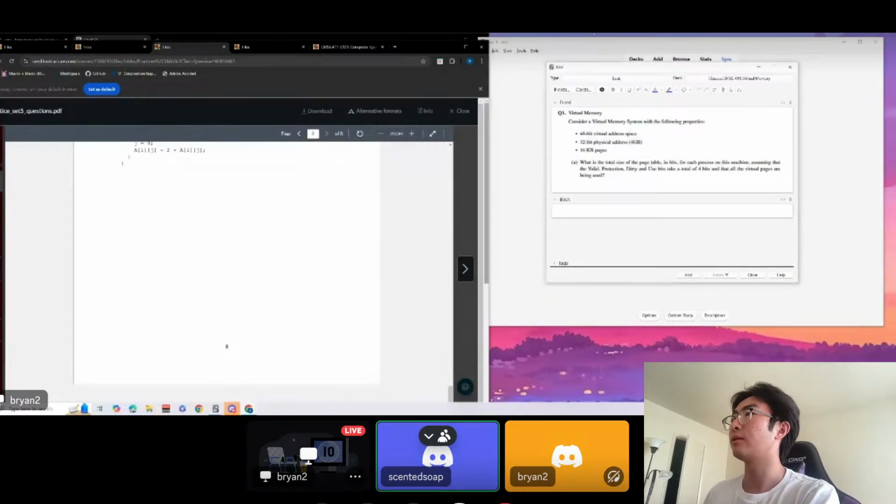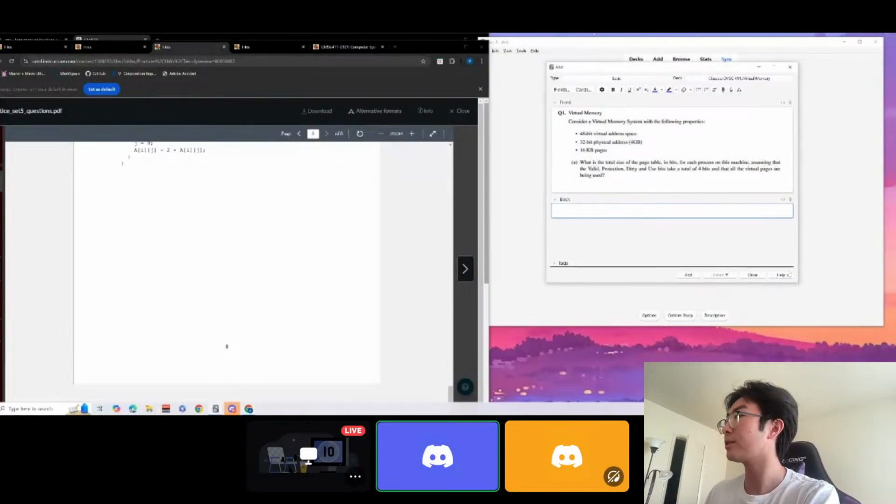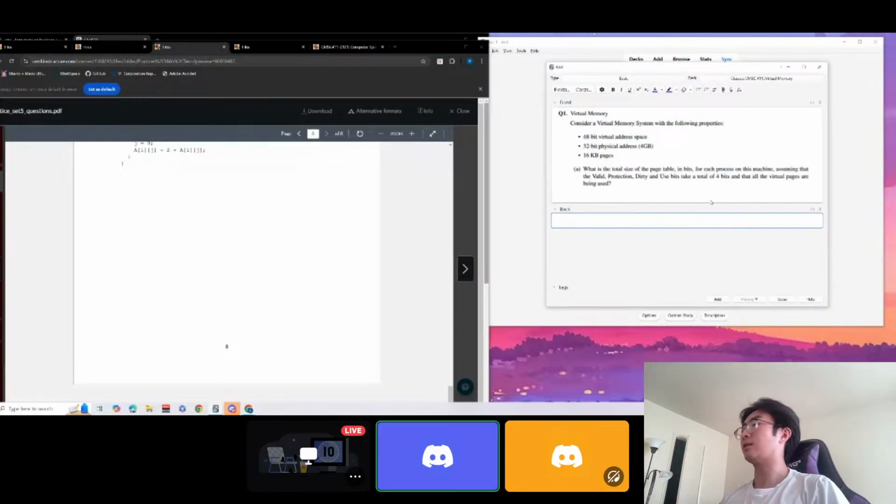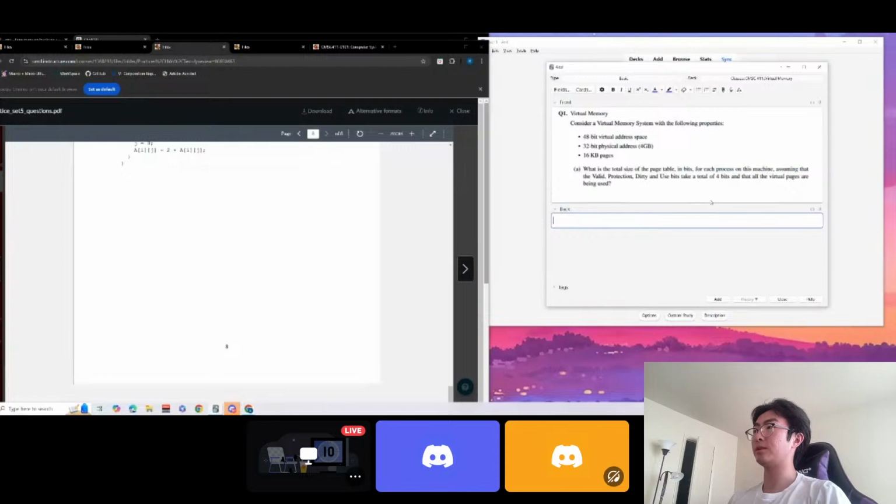All right, so in this case, consider a virtual memory system with the following properties. We have a 48-bit virtual address space and a 32-bit physical address space, so 4 gigabytes, and 16 kilobyte pages.